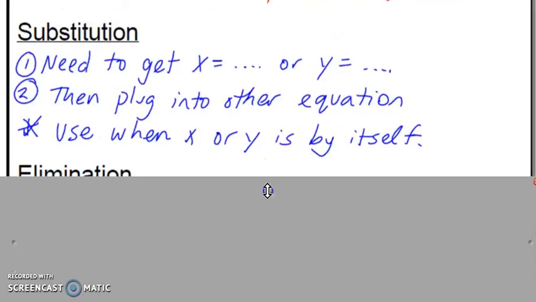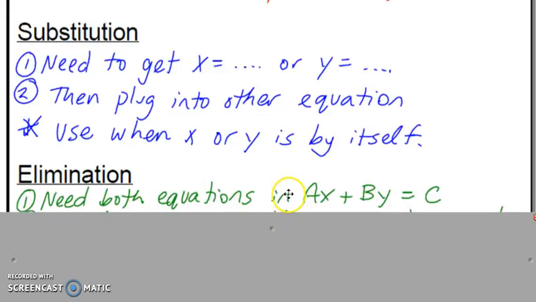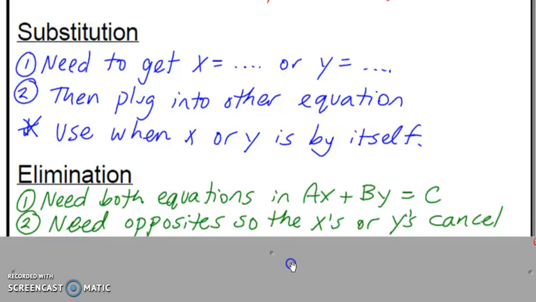The third and final way to solve a system of equations is elimination. That is the method that we learned last class in section 6.3. In order to solve a system by elimination, we need both equations in standard form, or ax plus by equals c, and we need opposites so that the x's or the y's can cancel out.